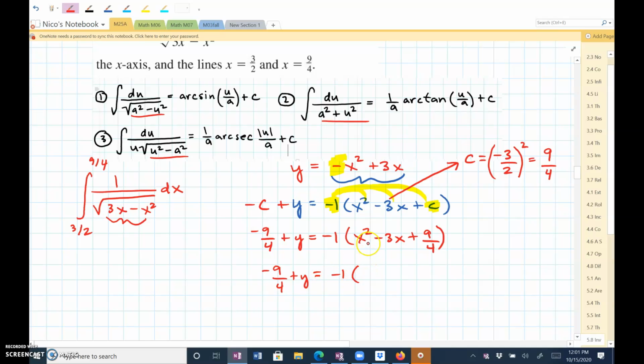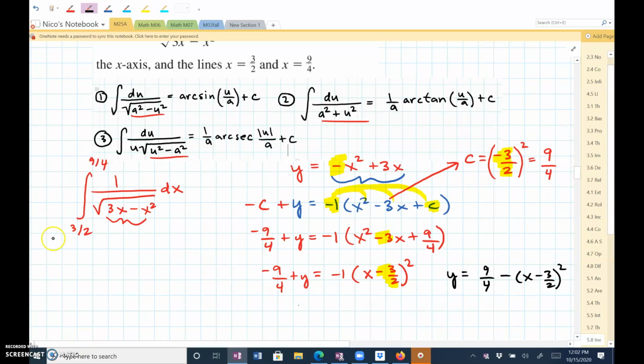This will become x minus 3/2. The number that goes here is always half of that. So then y will equal 9/4 minus x minus 3/2 squared.